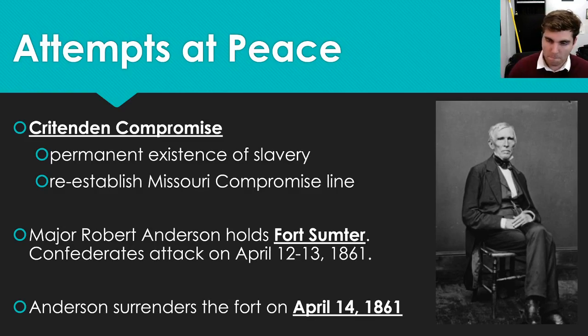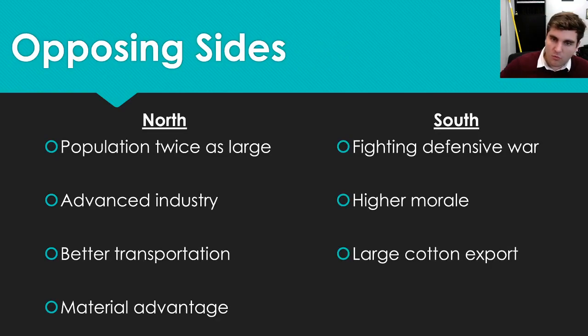Now, as the war develops, this becomes an interesting dichotomy. The North had a population that was twice as large as the South. They also had an economy built on advanced industry.